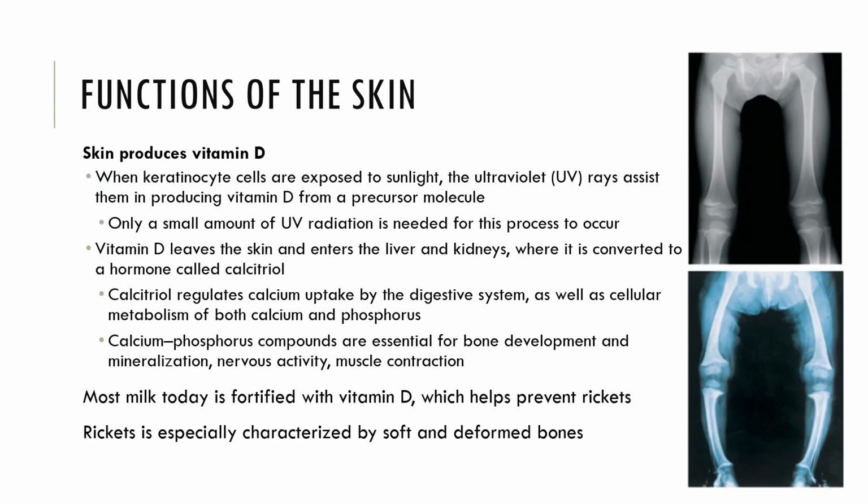So next I want to talk about the functions of skin. There's 5 main functions of skin, which include protection, sensation, vitamin D production, excretion, and regulation of body temperature. So first, for protection, the skin acts as a barrier against water loss, pathogens, UV radiation, and physical injuries.